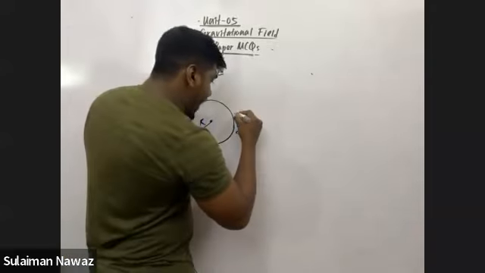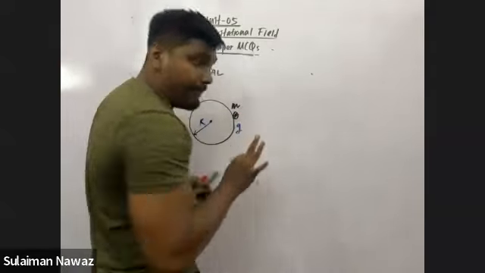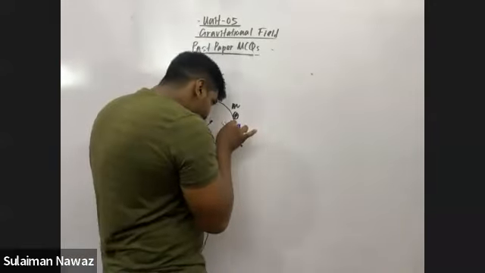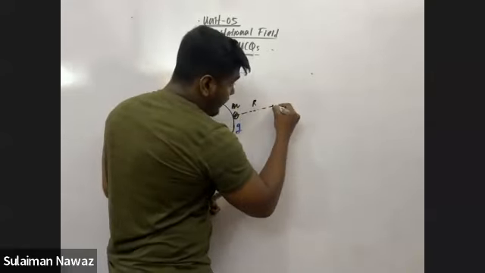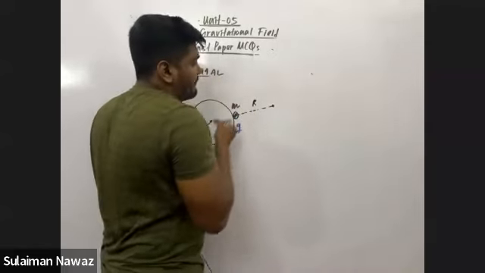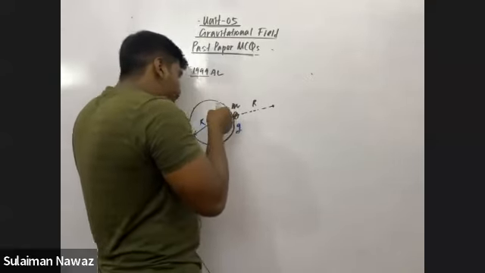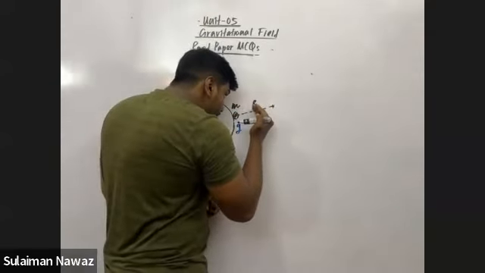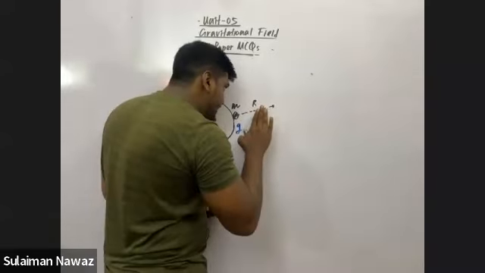Now let's say there is a mass, small m. When you are moving that mass small m from the surface of the Earth to a height capital R, what must be the change in gravitational potential energy?